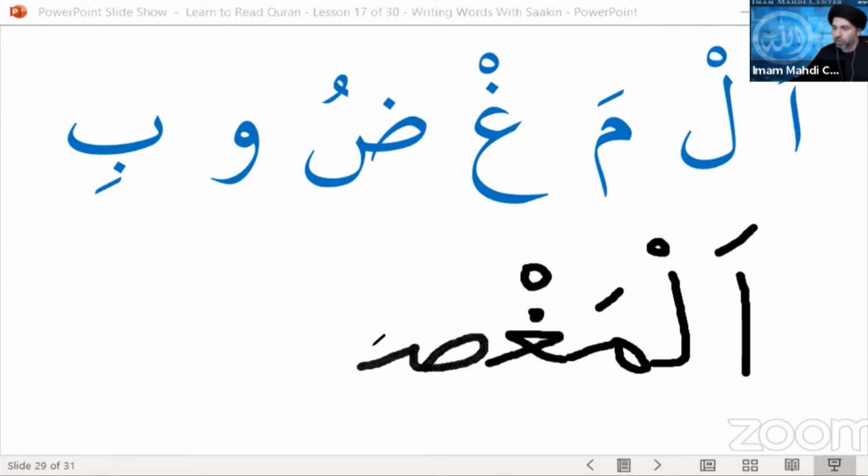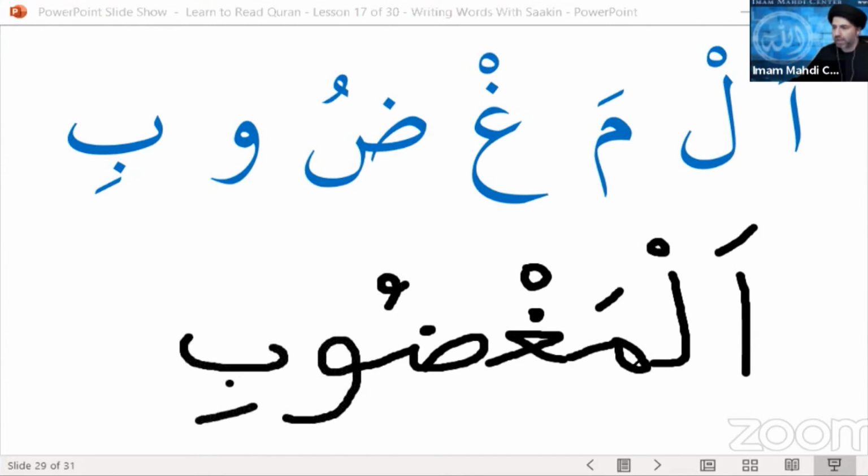Then the lowercase dad with this dot, of course dad has a dot, and this dad has a dhamma, and it's followed by waw, and then the last letter all by itself is the letter ba with the kasra. So this is pronounced al maghbu be, and that will be our last example for this session.